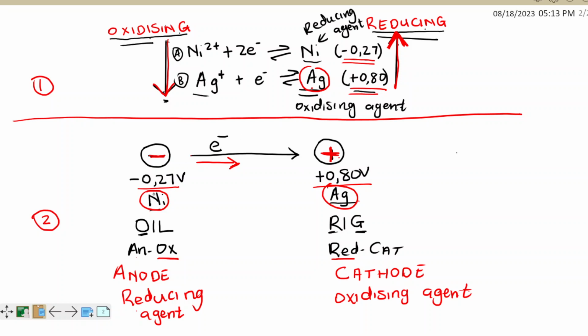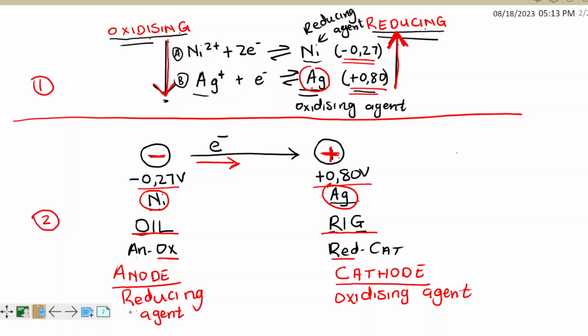So you know that where electrons are moving from, where electrons are moving away from, is our oxidation, and oxidation is loss. Where electrons are moving towards, in this case silver, you can say that is my reduction, and reduction is gain. And then I know that oxidation is taking place on the anode and reduction is taking place on the cathode.